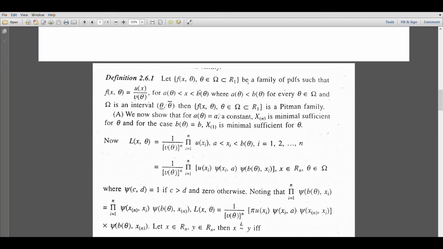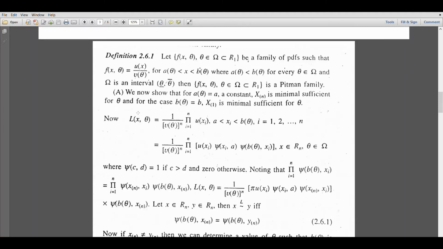For example, 0 less than x less than theta, the uniform distribution over (0, theta), where the lower limit is the constant 0. In that case, the minimal sufficient statistic will be the maximum order statistic Xn. When the upper limit b(theta) is a constant, then the minimum order statistic will be the minimal sufficient statistic for the parameter theta.